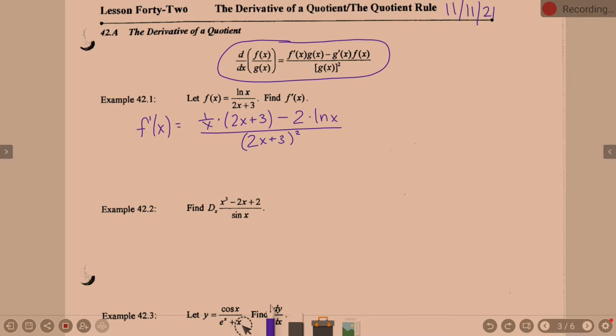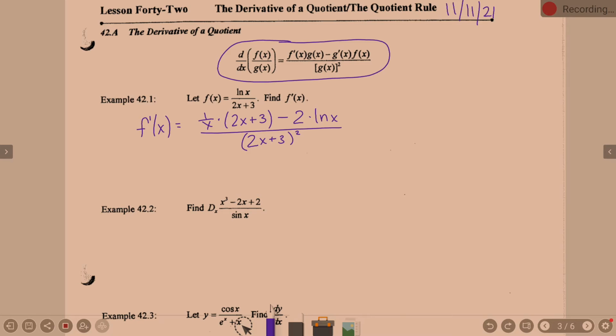The numerator: you will find with quotient rule there are a vast number of ways they leave their answers. There's not one right simplified answer. What I will say is this is probably not a good form to leave, because you could do 2x plus 3 over x, but then you still have a fraction within fractions, and that's the not fun part.